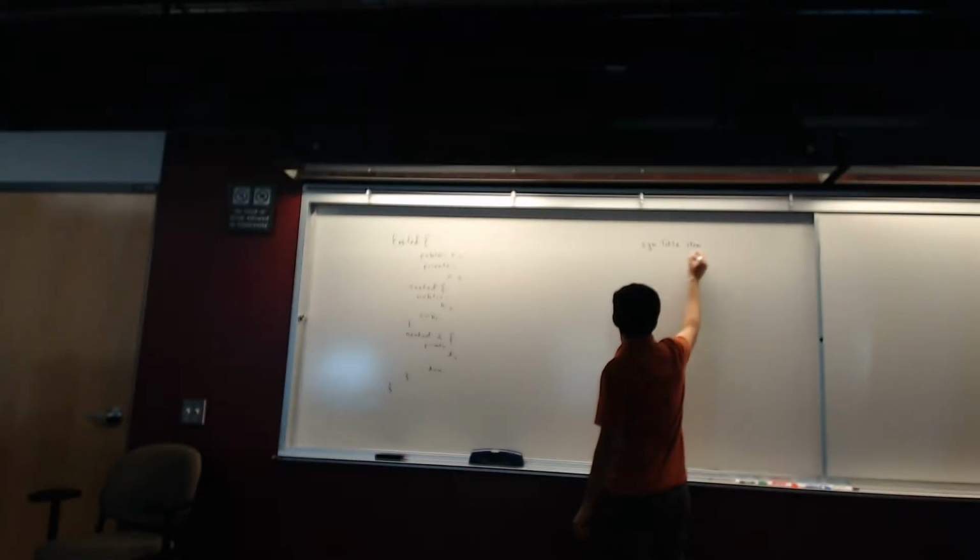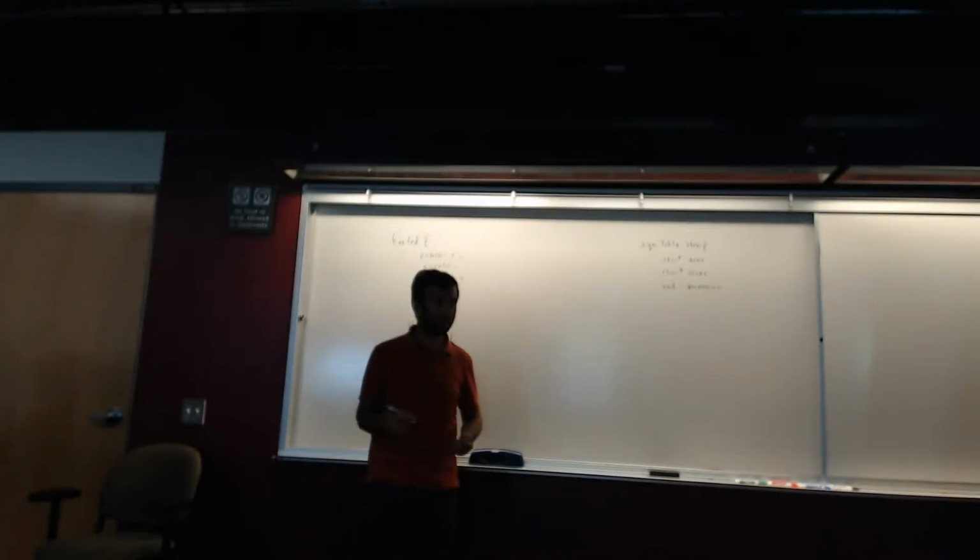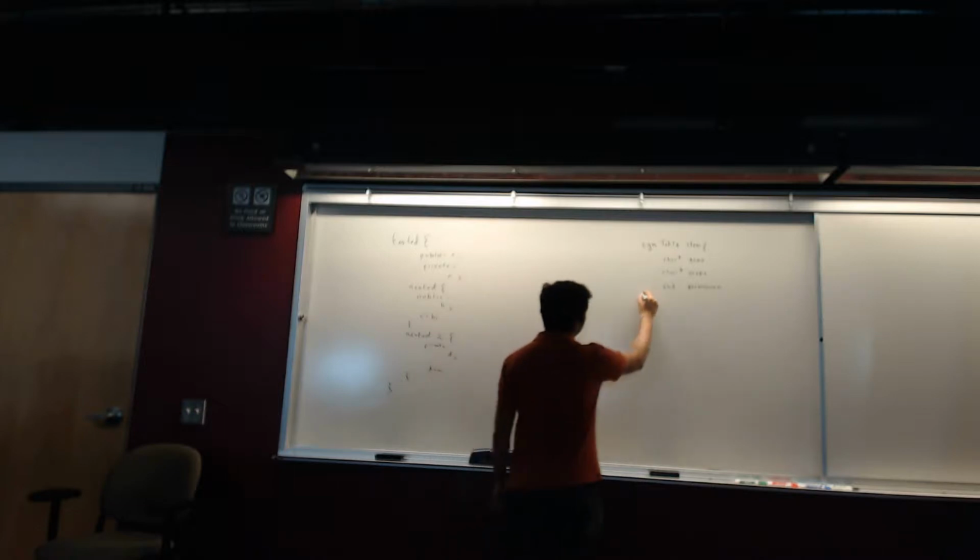That item has maybe a character pointer, which is name, a character pointer, which is scope, and you can have an integer, which is permission. All this is already in the notes that I uploaded as dissertation slides. I'm just trying to explain.